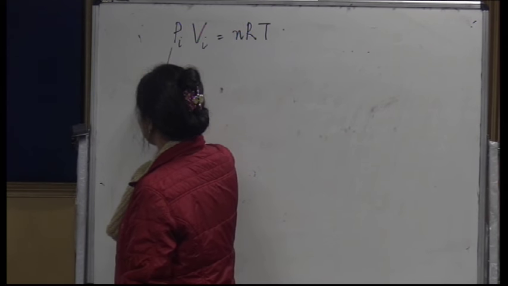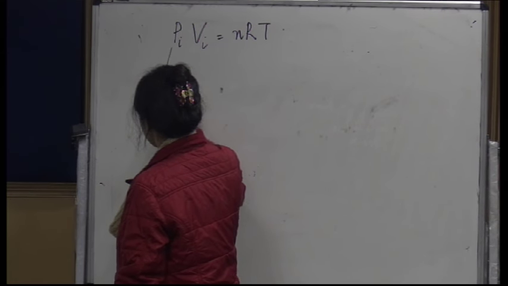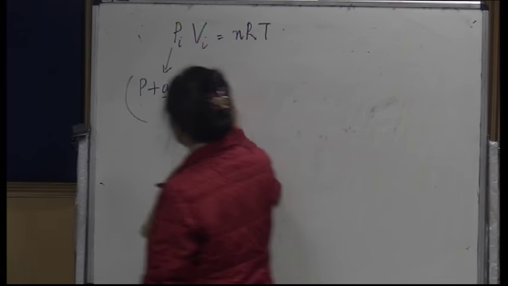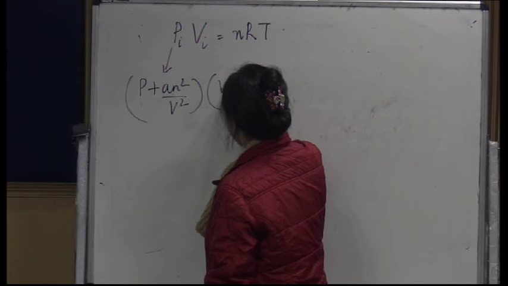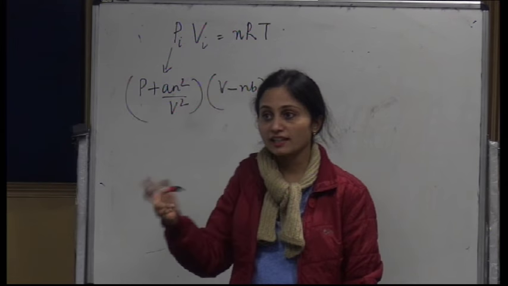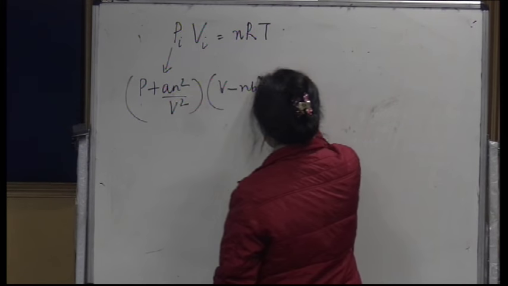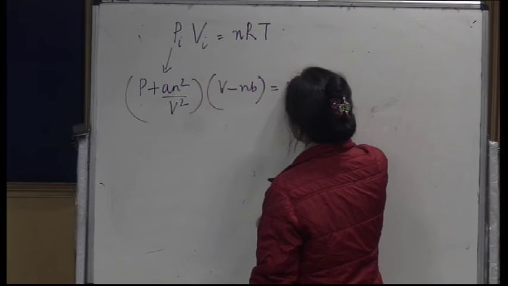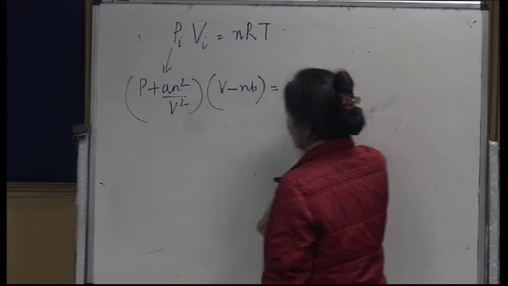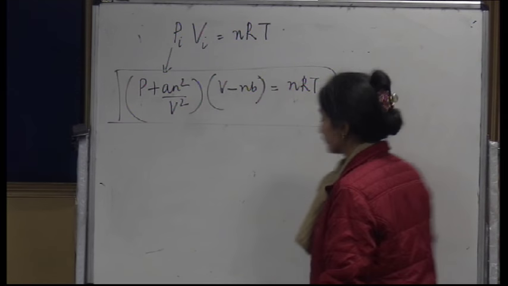This has now become P plus A n square by V square into V minus nB, where P and V are now the pressure of the real gas and volume of the real gas only. (P plus A n square by V square)(V minus nB) is equal to nRT. This equation is known as the van der Waals equation of gas.